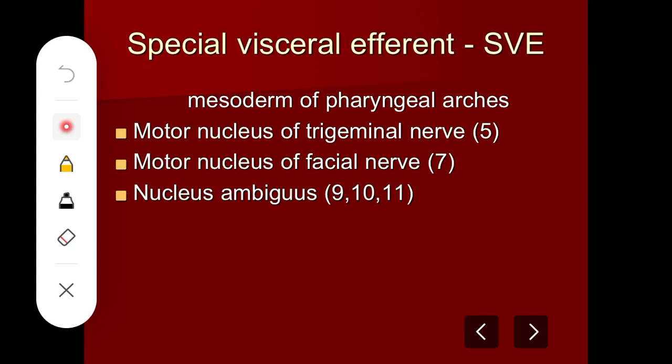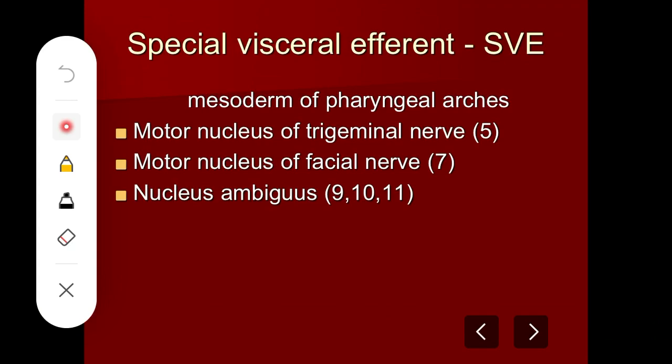Second, facial, so the motor nucleus of facial. Then you have the third, fourth and sixth arch by 9, 10, 11 together, termed the nucleus ambiguus, which is going to supply the three arches. You see it in the medulla.